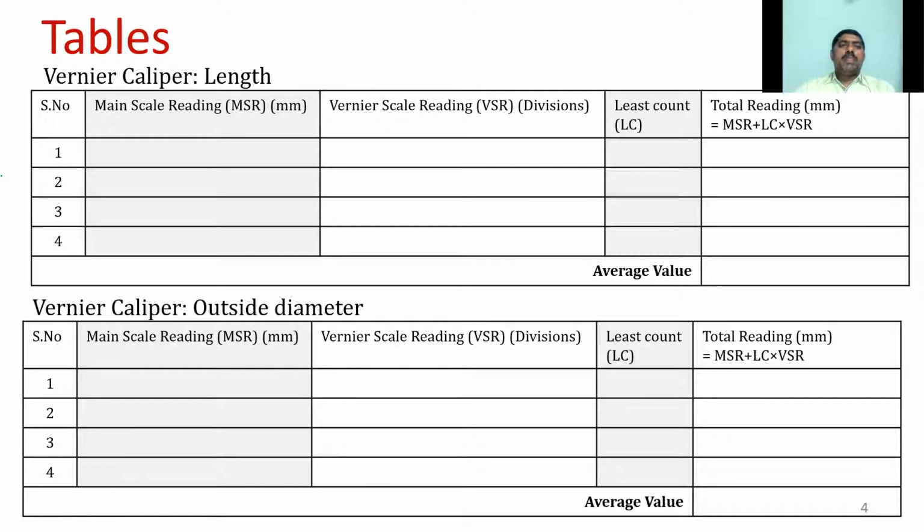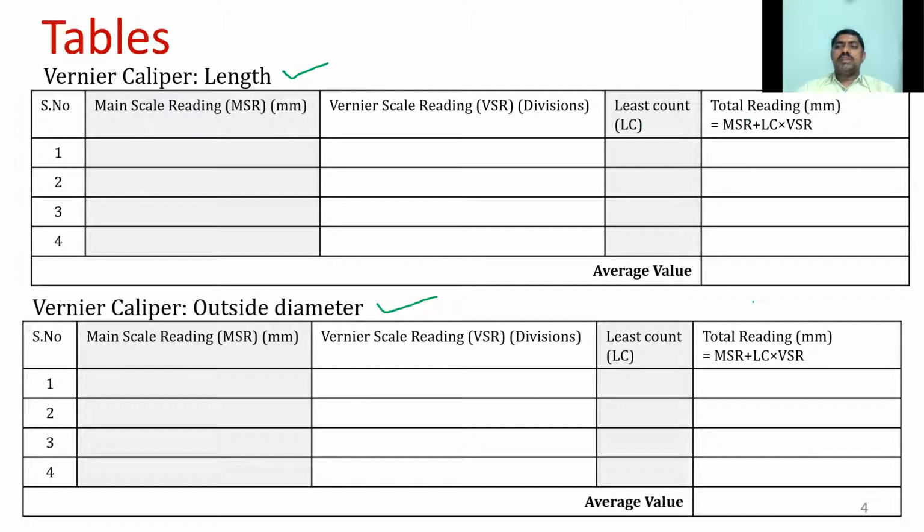These are the tables required to record the dimensions of the components using the vernier caliper. This is the table for measuring the length, and this is the table for measuring the outside diameter using the vernier caliper. The vernier caliper consists of the main scale reading and the vernier scale reading, and we have the least count.